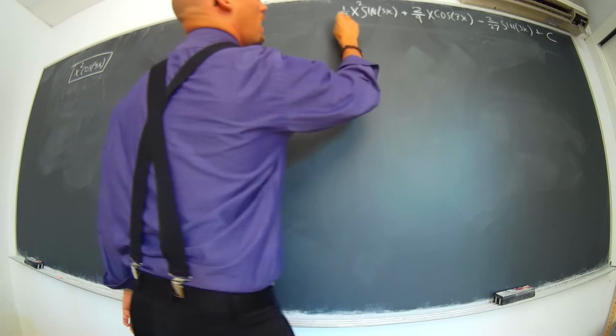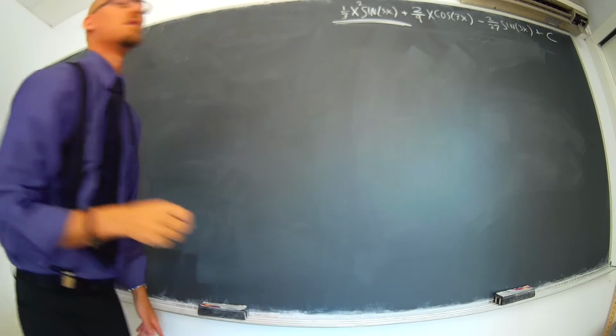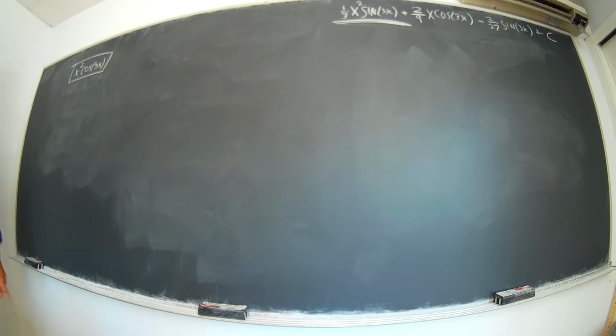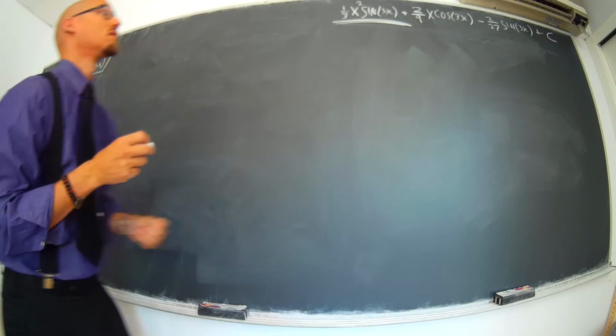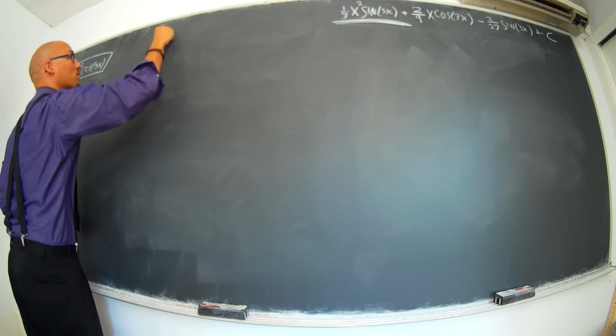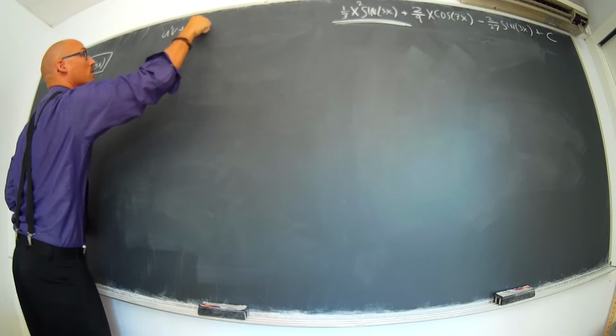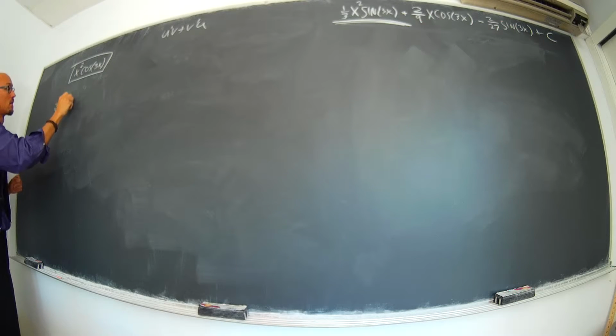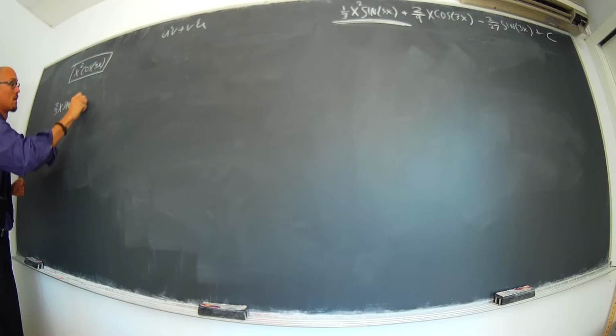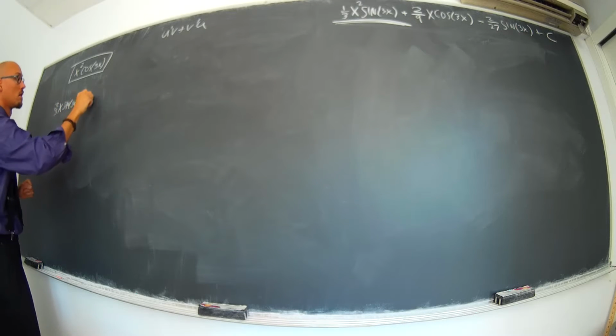So the derivative of this term, how do we do it? We got a function times a function, so that's a product. Remember product rule: u prime v plus v prime u. So the derivative of the first guy, 2/3 x sine 3x, is u prime, plus 1/3 x squared cosine 3x.